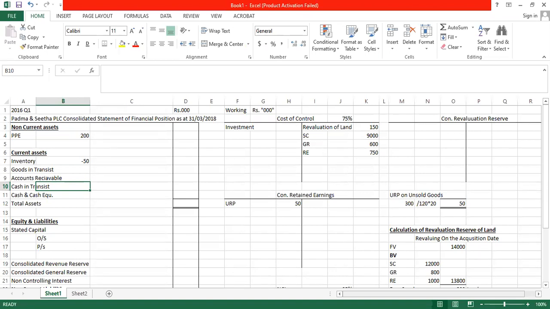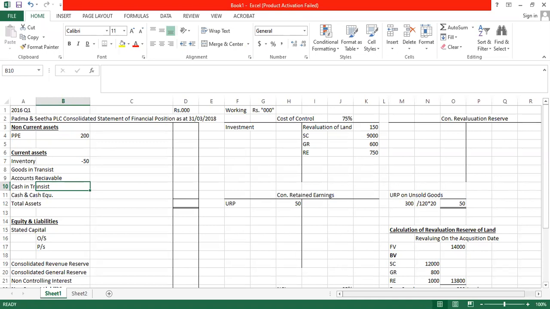Current accounts stand for inter-trade transactions, so intercompany transactions. So definitely there would be a credit current account also. If you go to the current liabilities, you can see there is another current account in Sita PLC's balance sheet, with the value 1050.